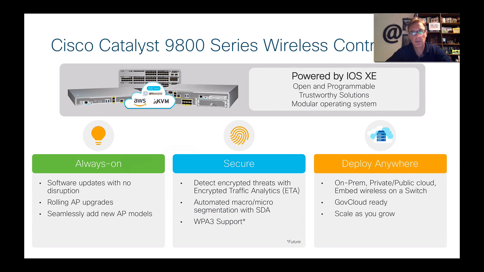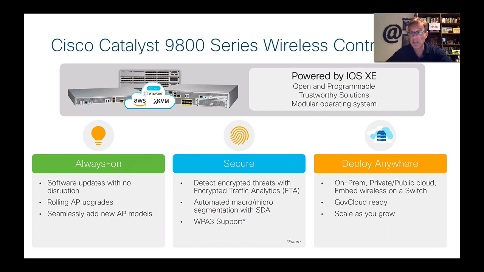The third important benefit is that with the Catalyst 9800, you have a wireless controller that is really a network function. So you can deploy this anywhere as you want based on your scalability and performance requirements. So it goes from a controller integrated in the Catalyst switches for SDA. Of course, we have the appliance flavor.